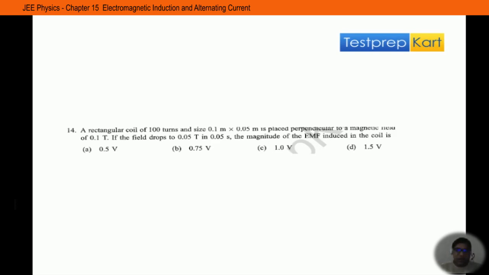So again it is given number of turns, that is 100. There is change in magnetic field, so we can find out delta B. It is 0.1 minus 0.05. Okay, so net change is 0.05 Tesla, and duration given for this change is 0.05 second.